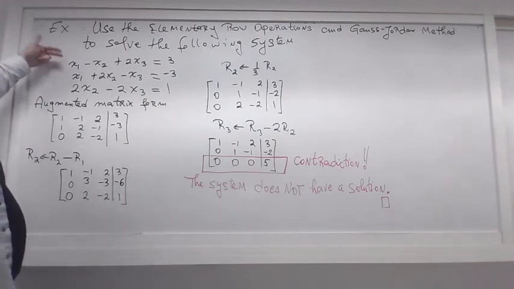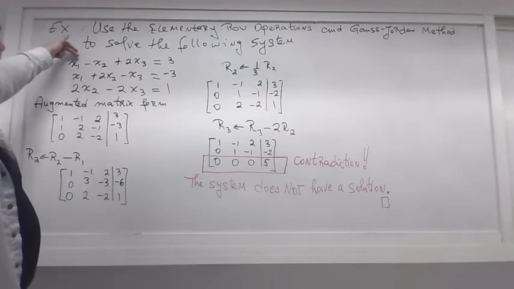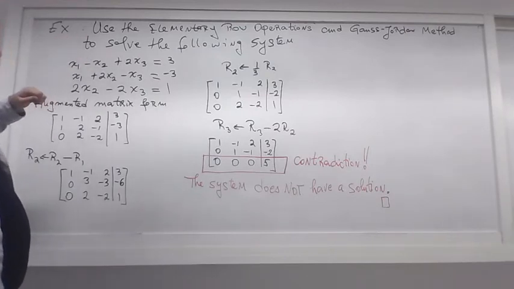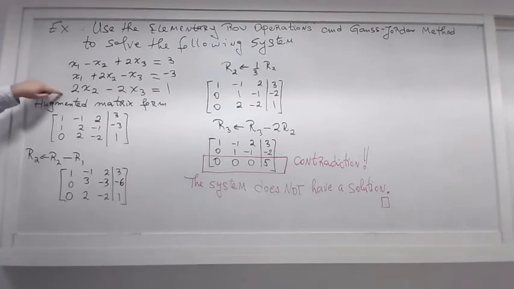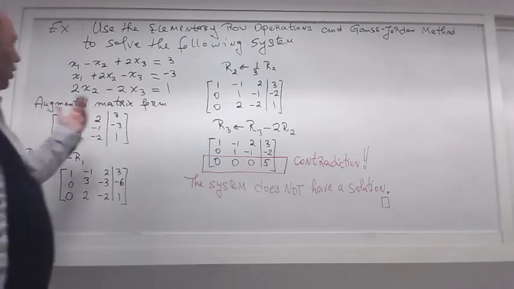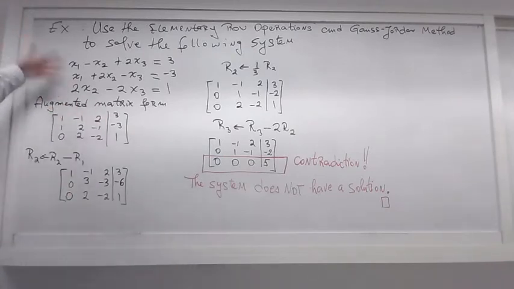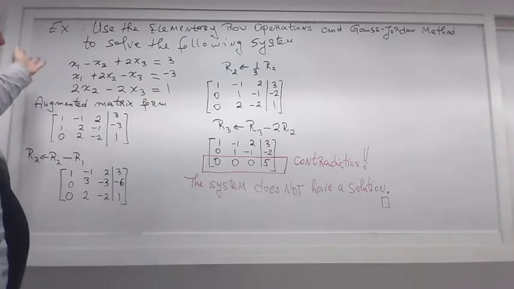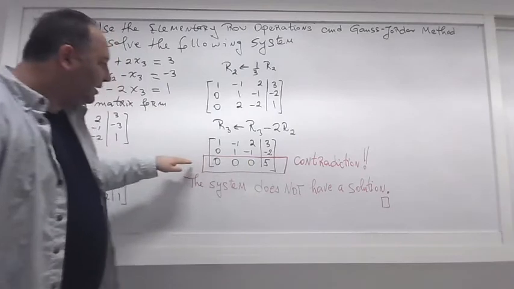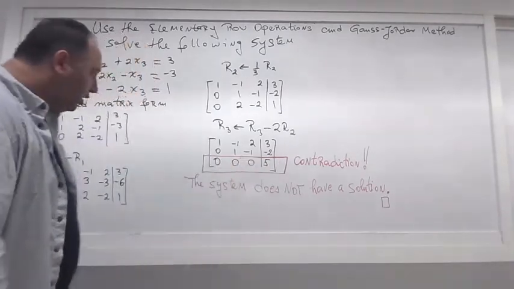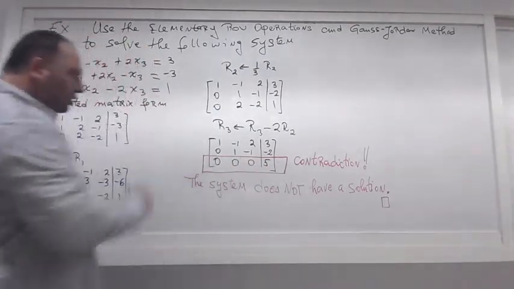We remember that each equation puts constraints on the variables x1, x2, x3, which means that at least one of them is not compatible with the other two. Aha! That's why there is no x1, x2, x3 that could satisfy the system, because somebody here is asking for crazy stuff. So the last equation tells me that there is a contradiction. That means that this system doesn't have a solution.